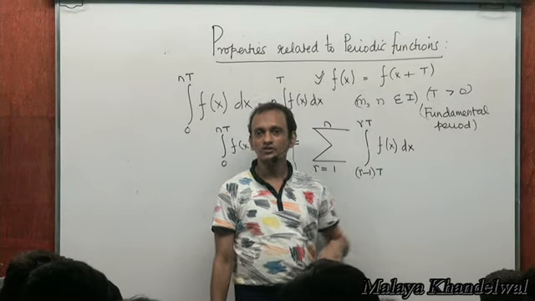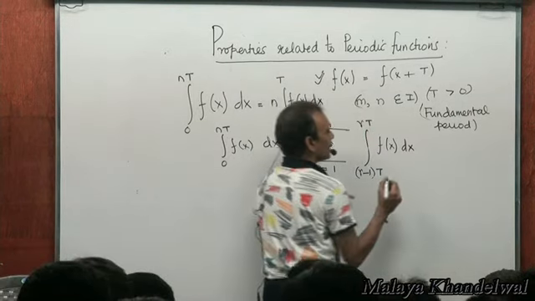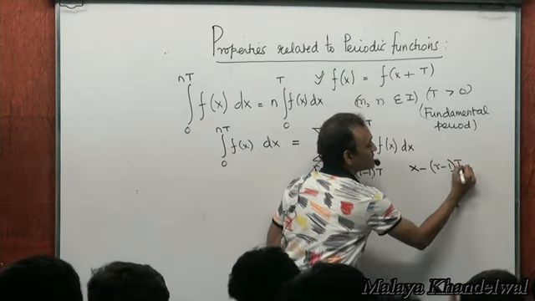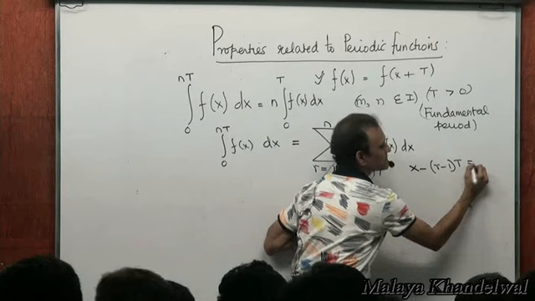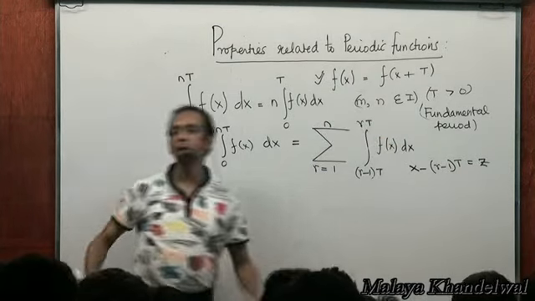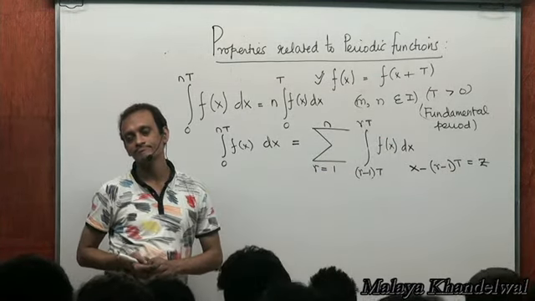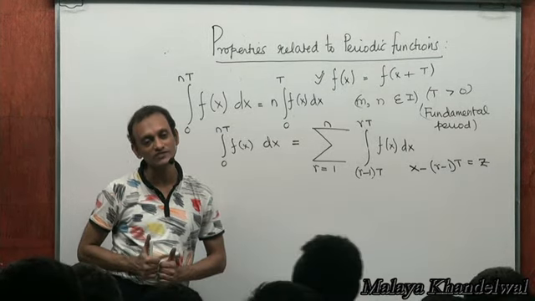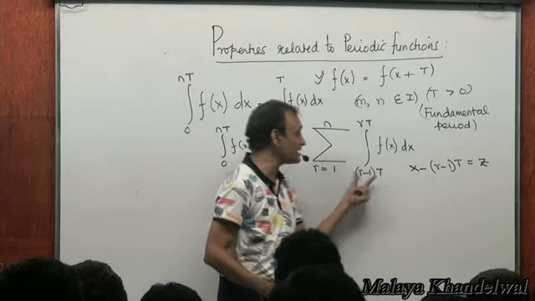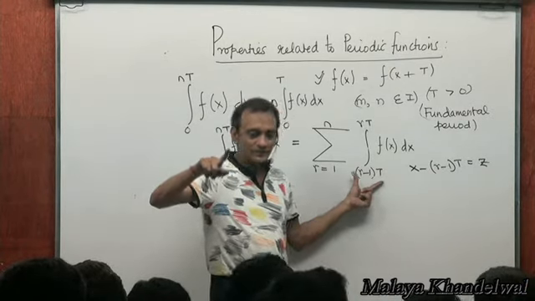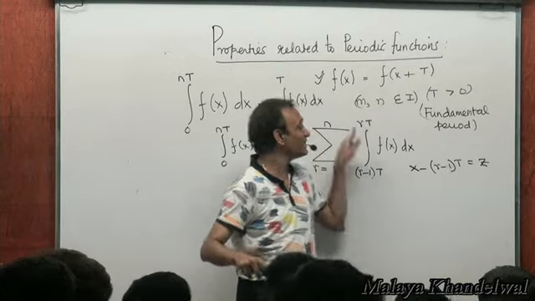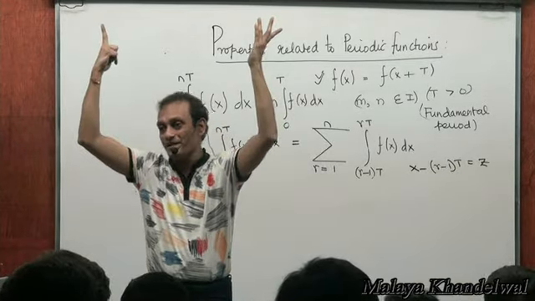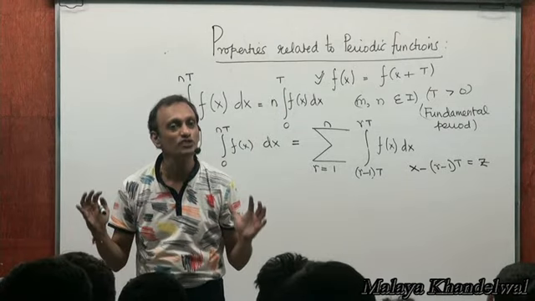Then the conjecture is, I take x minus (r minus 1) times t for any r as some z. I go from the x domain to the z domain with this transformation, because then when x is (r minus 1)t, it is zero, and when x is rt, it will become t. So z runs from 0 to capital T, the limits that we were looking for.